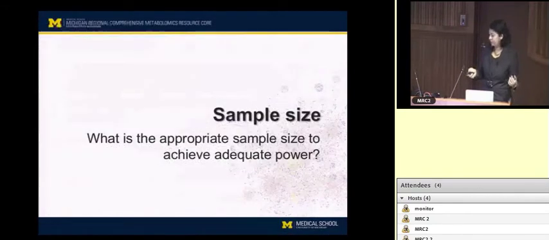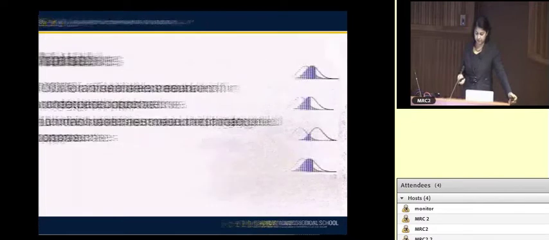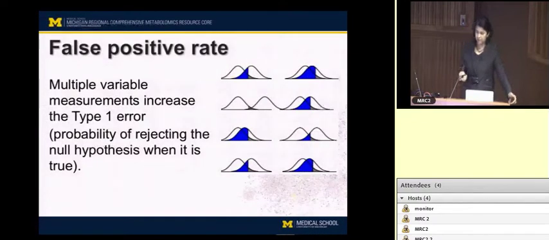So we come down to sample size. What is the appropriate sample size to get an adequate power? This is a common question. And the reality is, with all metabolomics experiments, including the targeted metabolomics experiment, you measure a lot of variables. When you increase the amount of variables that you measure, you increase the chance of having a false discovery rate, which is, in other words, you're increasing the type 1 error in the experiment.